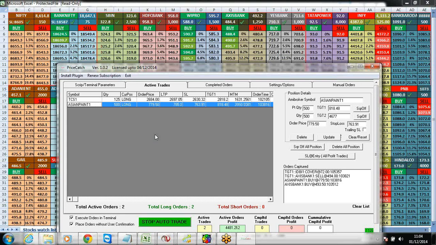So you will definitely be seeing that auto robo from our FuturesTree to price catch and to your terminal also. So that is already ready. We'll just show you. You can have a look at it once.